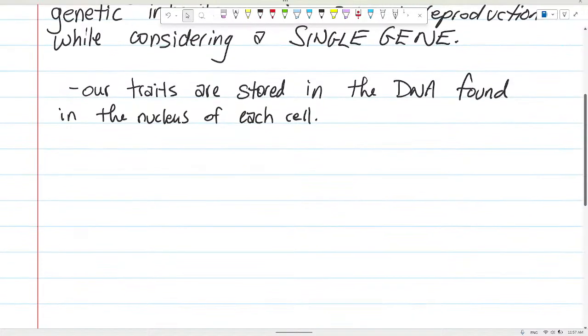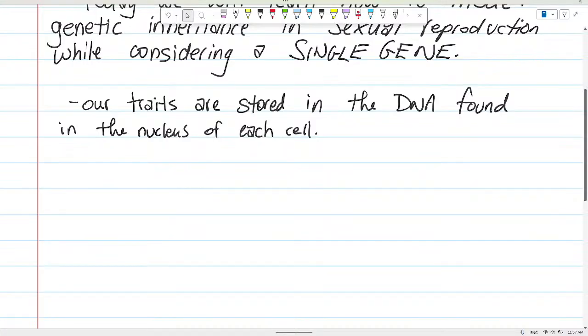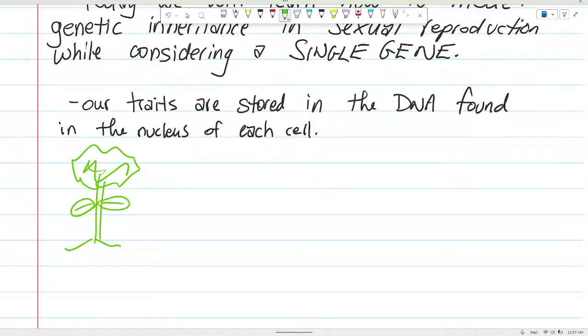So, for example, we had our plants, right? And look at my beautiful pea plants, which don't make any sense from a plant perspective, but that's okay. If we zoomed in close enough, you've looked at plant cells before, right? You'd see these kind of cells that look like this. And inside those cells, you would find the nucleus, which contains the DNA.